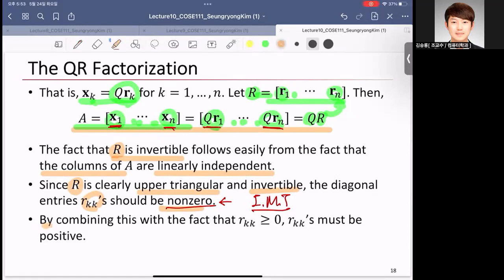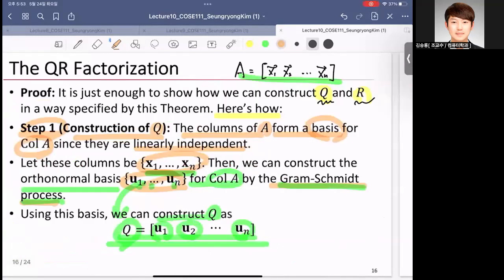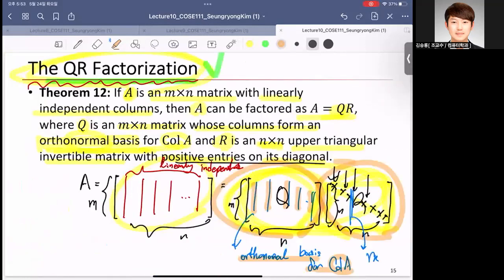By combining this with the fact that r_kk is greater than or equal to 0, r_kk must be positive. If not, we can make it so by multiplying u_k by negative 1. So then we finally achieve the Q and R which satisfy these properties. This is a QR factorization.